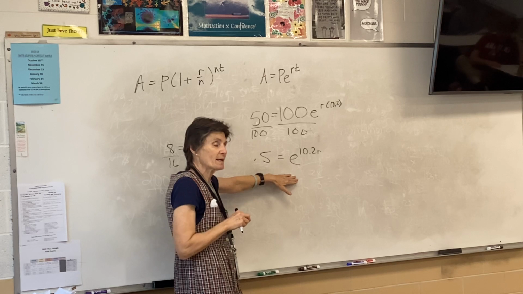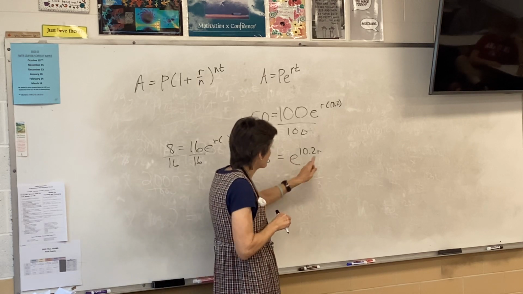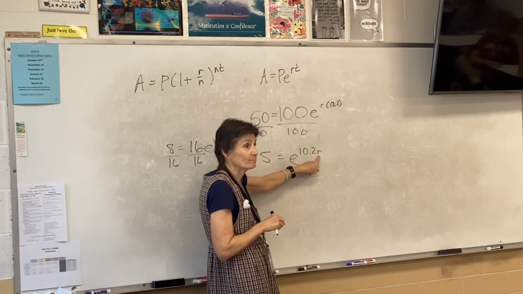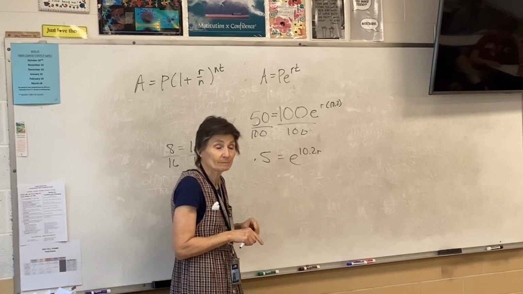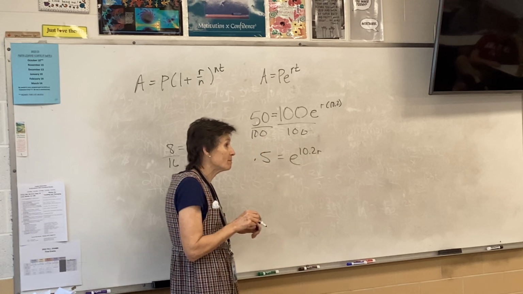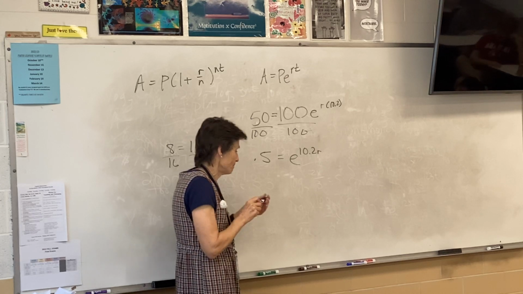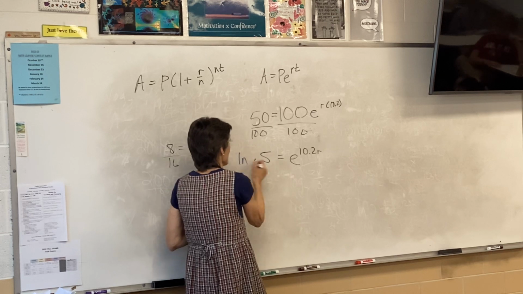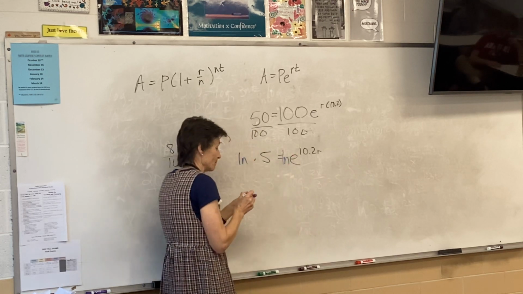Who remembers what I said yesterday about equations where the variable is up here in the exponent spot? We need logarithms. And since the problem is an E problem, I'm going to use ln, a natural logarithm.